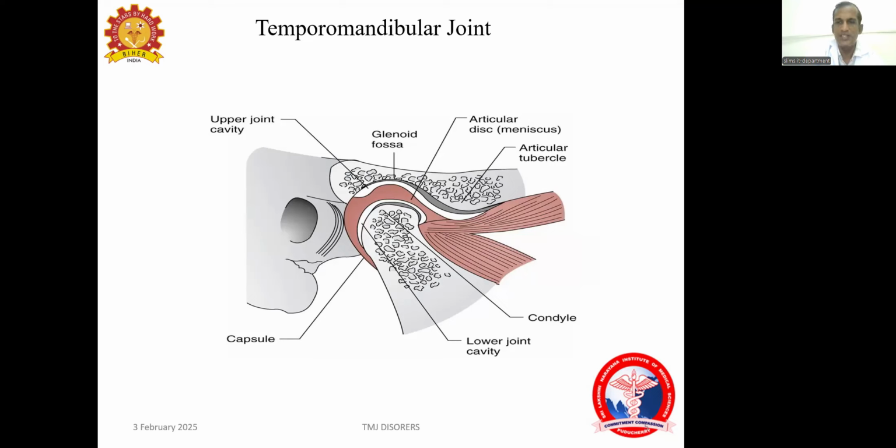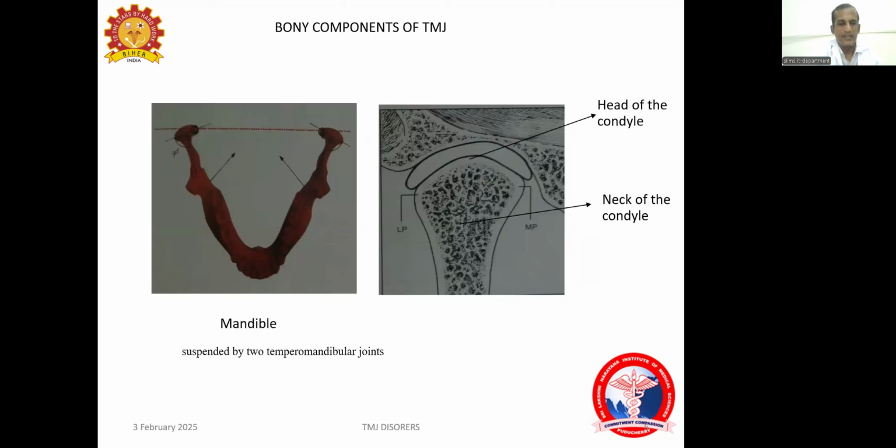It is attached to the head of the condyle. See, this is the head of the condyle, and this is the neck of the condyle. And the mandible is suspended by these two joints.